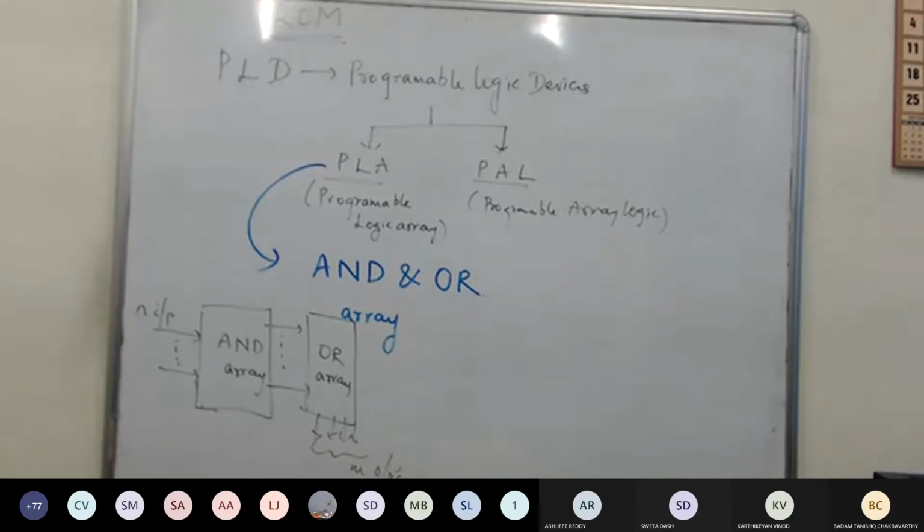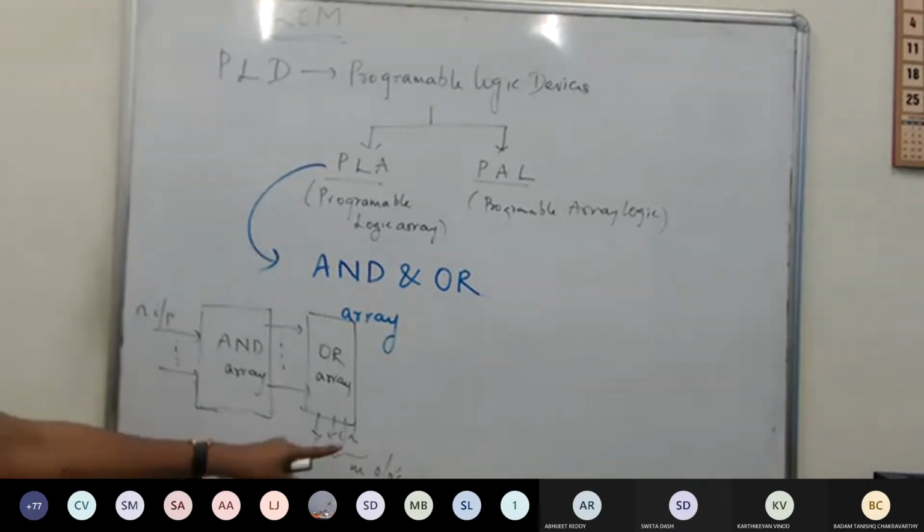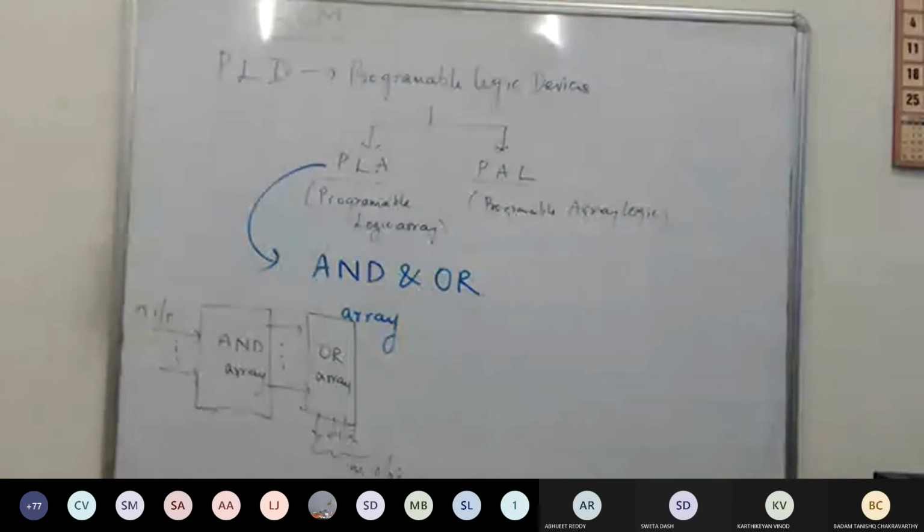Please try to understand. These are the inputs: N inputs, M outputs. Are you able to follow? Any doubt in this? Please ask me now itself, otherwise if I proceed further you will have a problem. Did you understand here? Yes, ma'am.